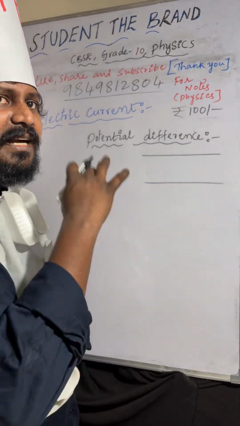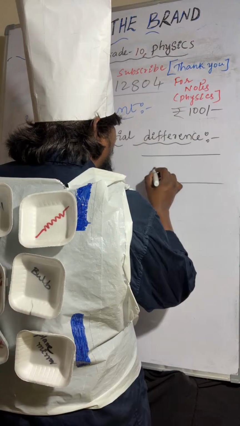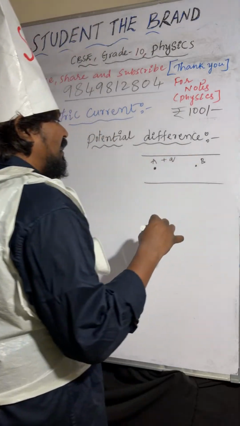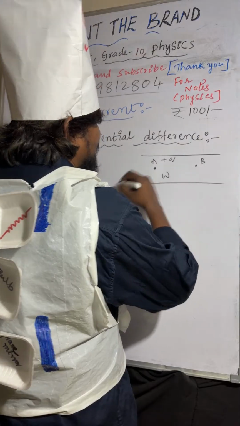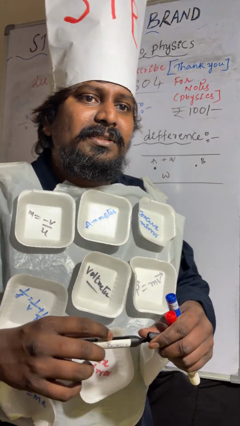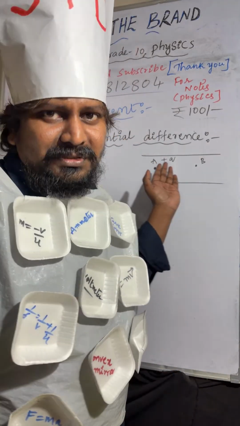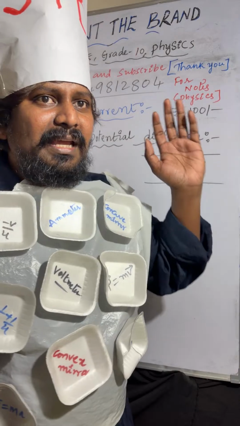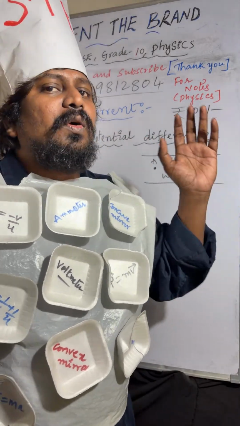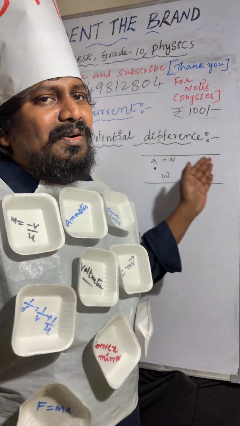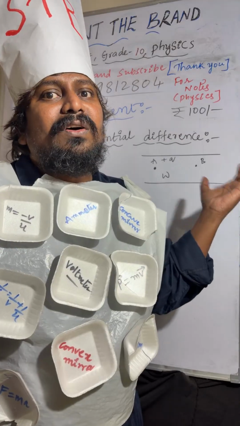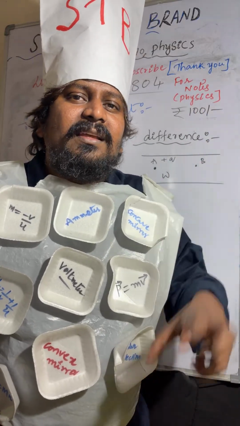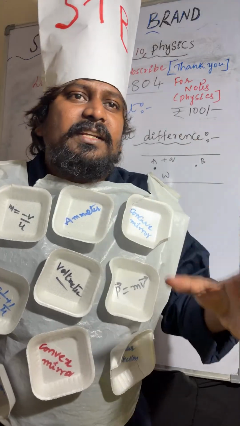This is one point, point A, and this is another point, point B, within the conductor. I am taking a positive charge, and we are doing some work to bring unit positive charge from one point to another point within the conductor.